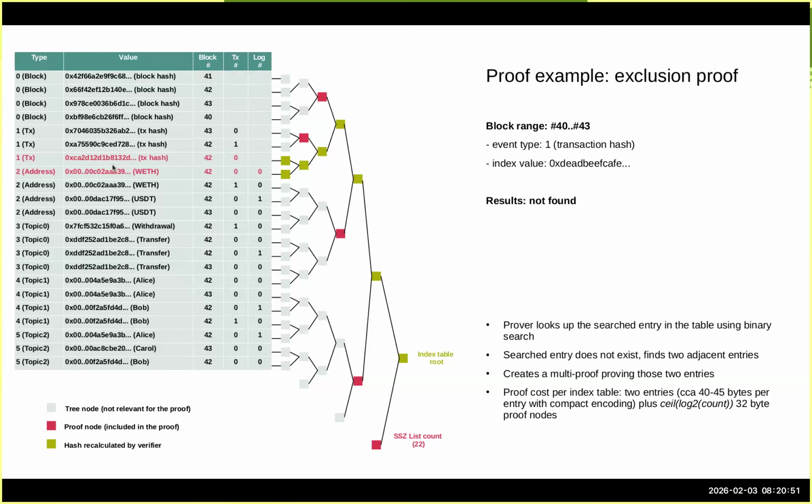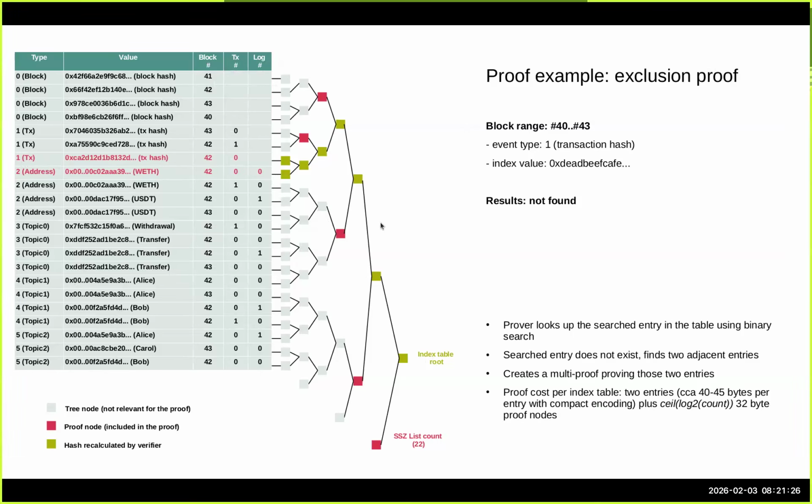So the thing is that it is a sorted list, and we can say that there are these two red lines, and we don't see this transaction hash, but we can find that it would go between these two red lines if it did exist. So what we do is we prove these two entries with a Merkle proof. The red three nodes are the proof nodes, and the yellow ones are the reconstructed hashes.